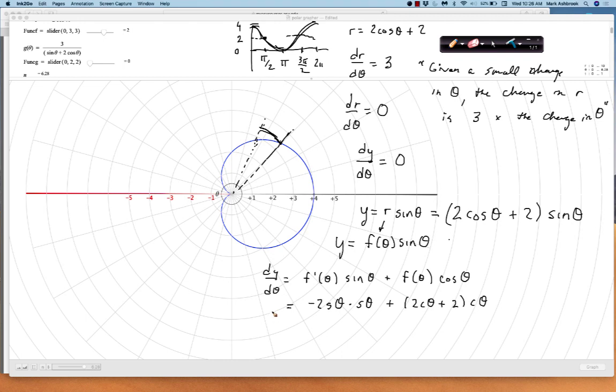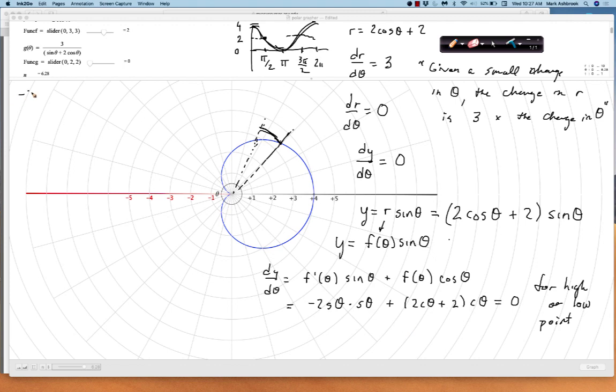And then if we want to find the vertical high point or vertical low point, we're going to set this equal to 0. Because at high and low points, as you change theta, y doesn't change. We want the change in y to be 0 for a change in theta, right? That's how we get a high or a low point. That's our Calc 1 principle.